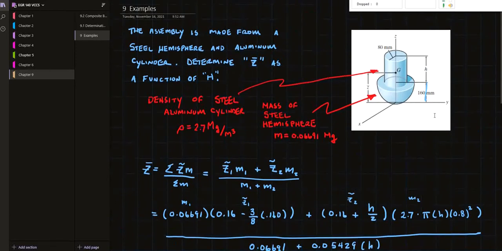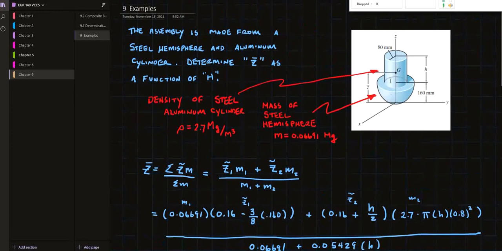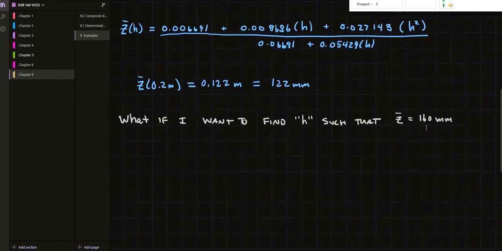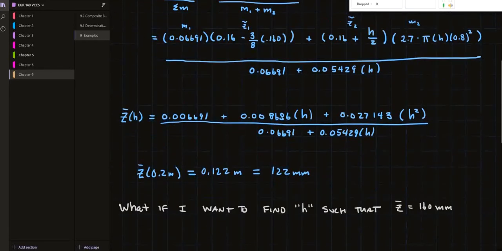So it looks like it's down here somewhere. Okay, so that's where it is. Now, let's say I want to find h up here in such a way that my z bar is 160 millimeters, right at the edge of those two.